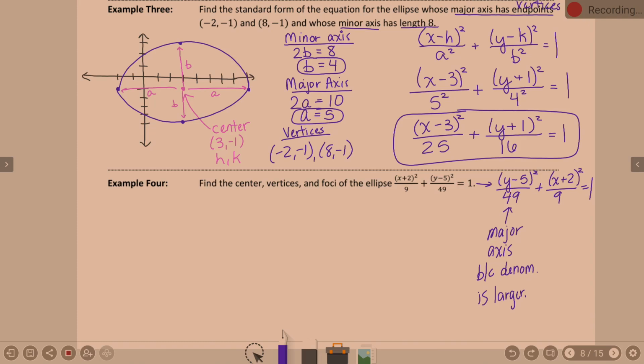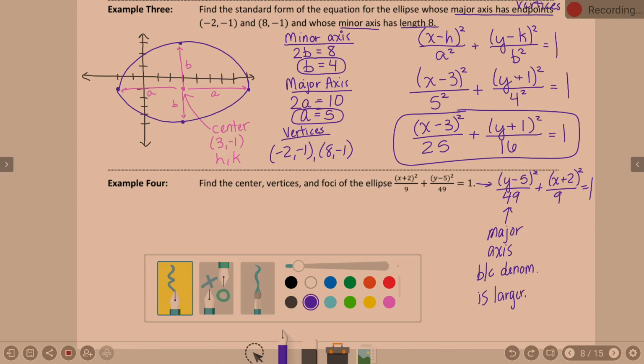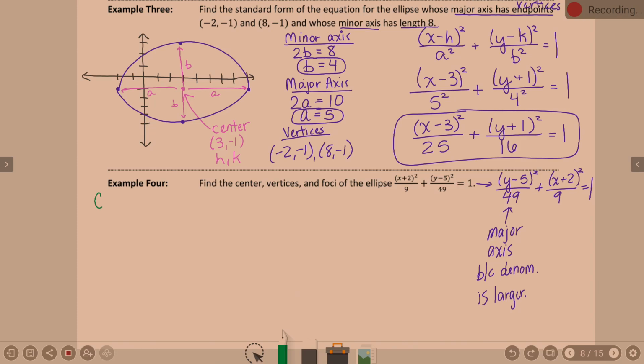Use the opposite sign, so it is plus 5. Okay, so I agree. I'm going to start gathering the information. So my center is -2, 5. What letters are those? They're H and K, yes? Are we going to need H and K here in a little bit? Yeah. Oh, most definitely. So now you can find your vertices.